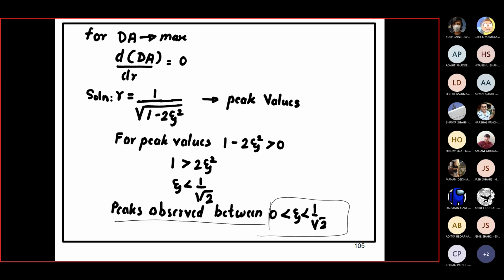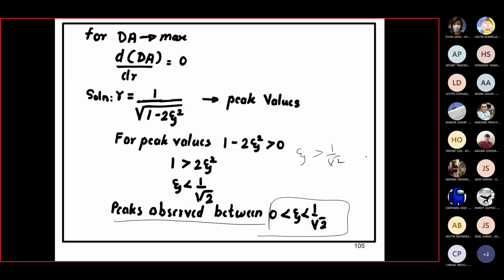What happens when zeta becomes greater than 1 by root 2? What will happen to the equation?